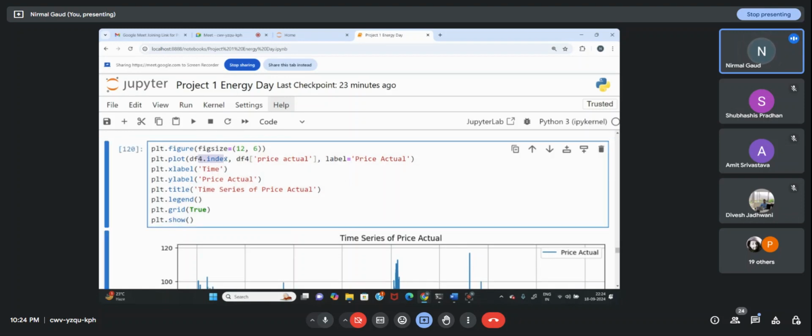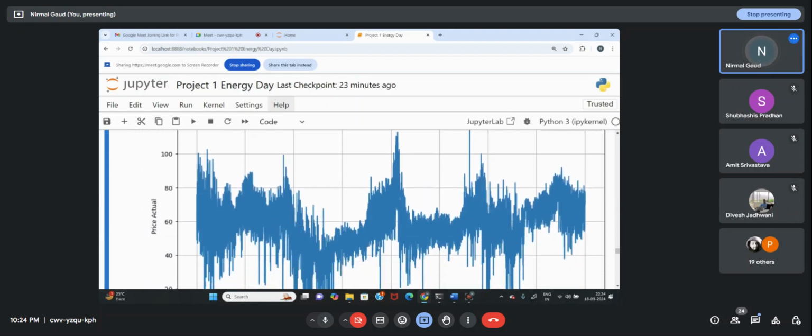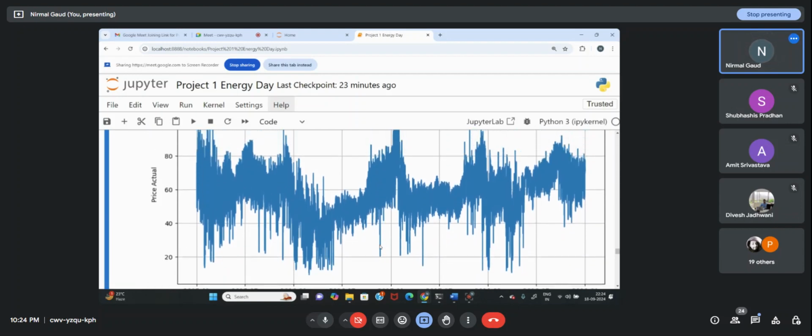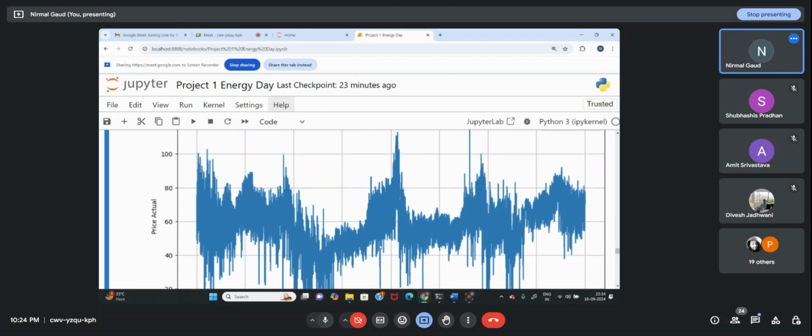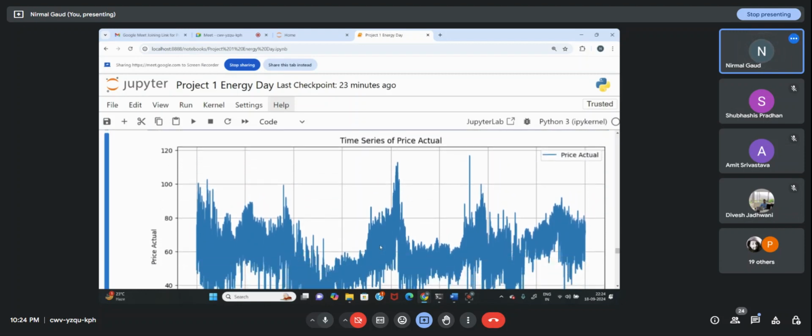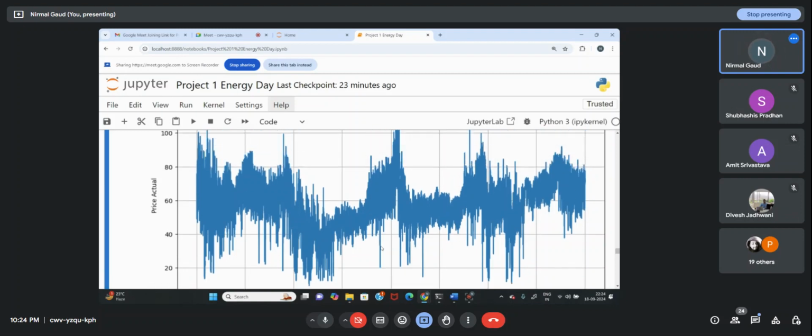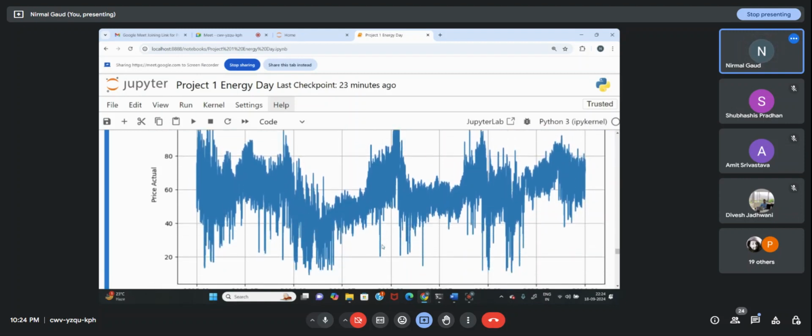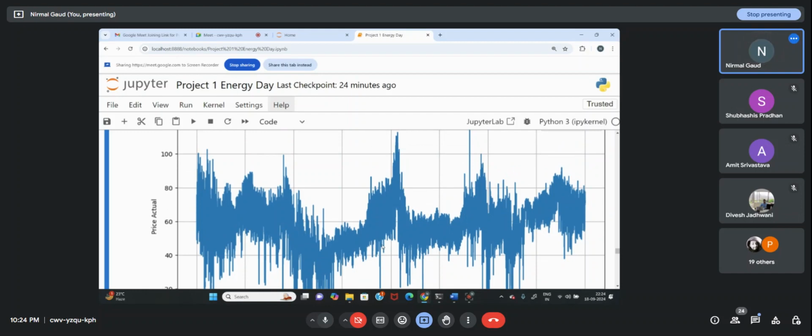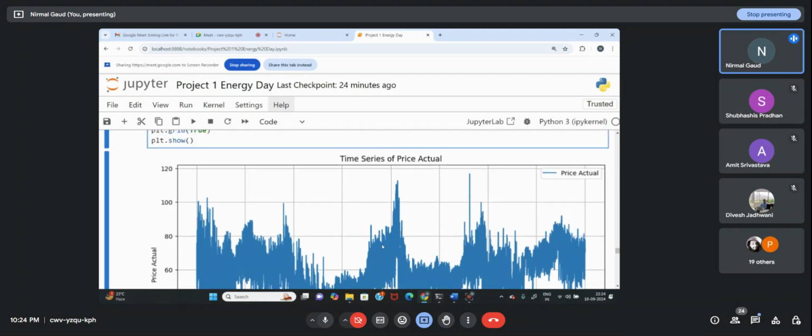Index on the x axis, price on the y axis. So on the x axis I have time, on the y axis I have price actual. This is how you can see the trend, time versus price. I am making you learn time series in a very easy way. That's what you have to follow.